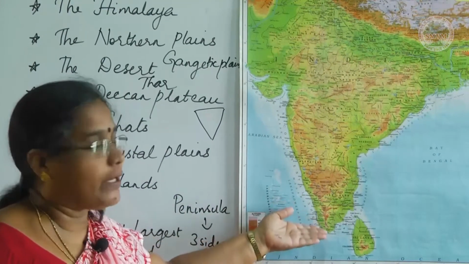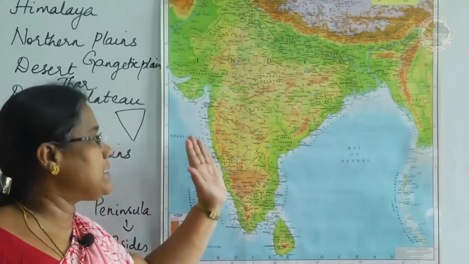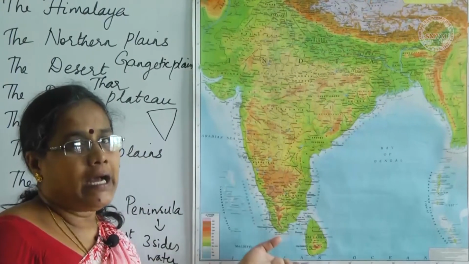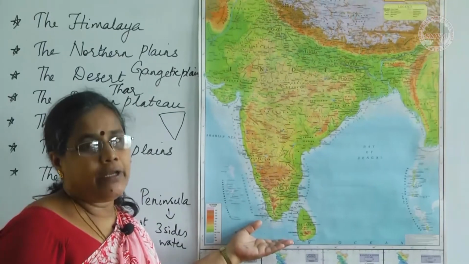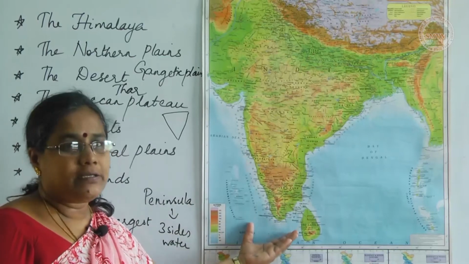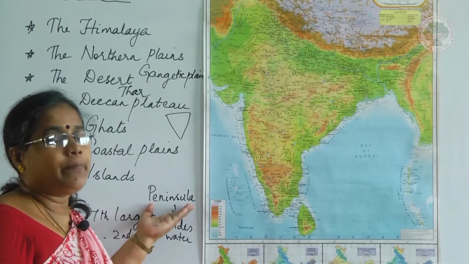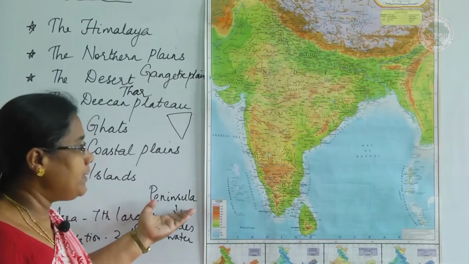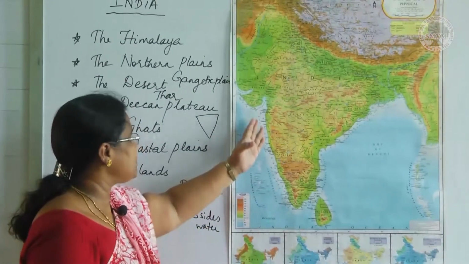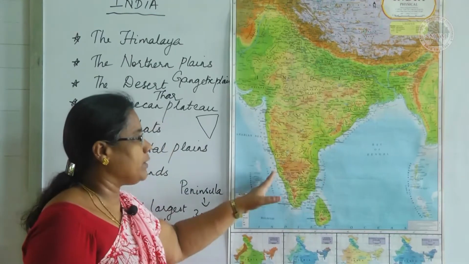On the eastern side we have the Bay of Bengal, on the western side we have the Arabian Sea, and on the southern side it is the Indian Ocean. These three water bodies cover the southern tip of India, and that's the reason it takes the name peninsula.